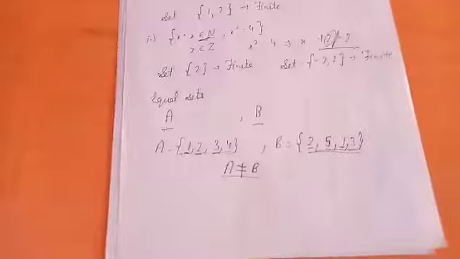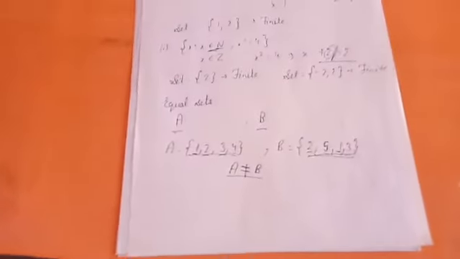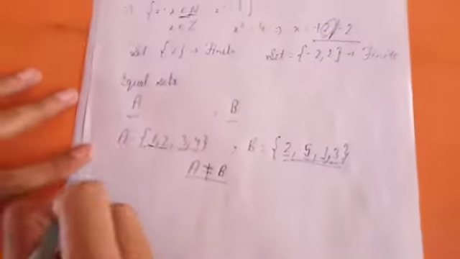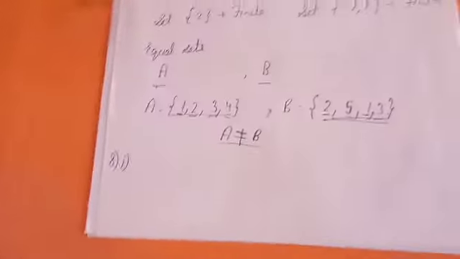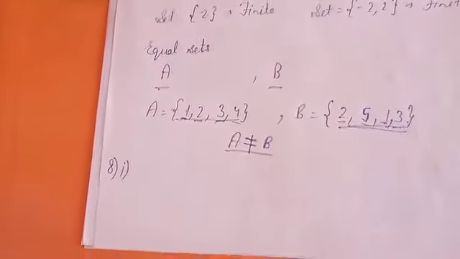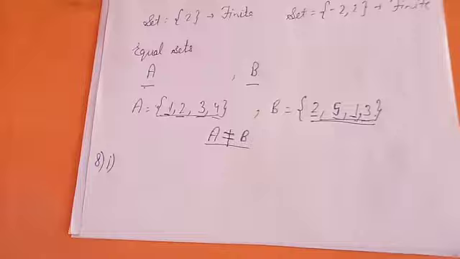Now you can see examples are given. Now see example number 8, first part. Example number 8, first part is X, the set of letters in ALLOY.